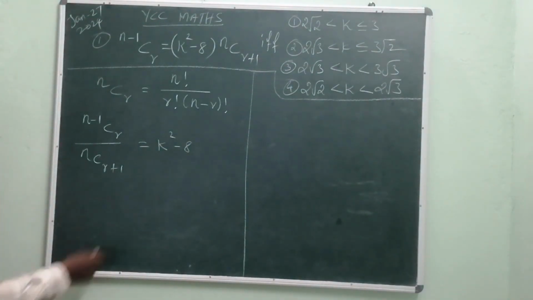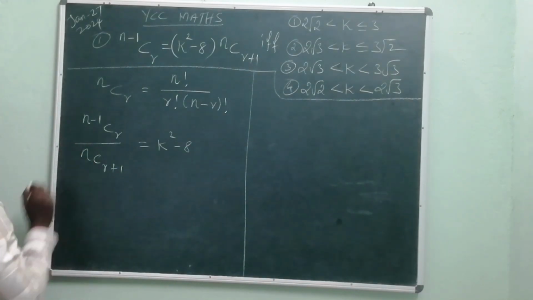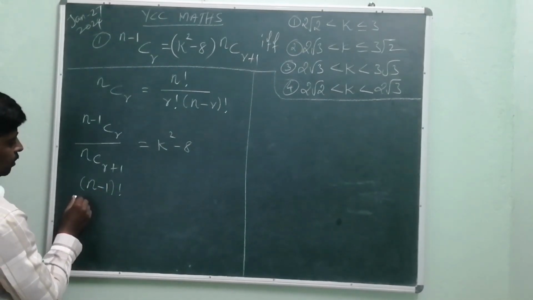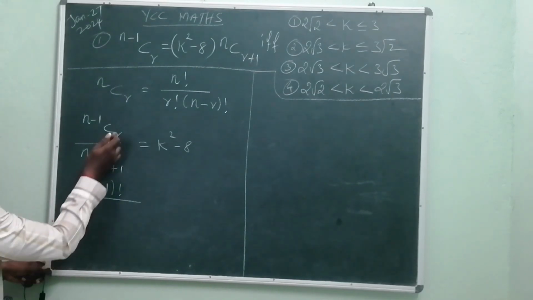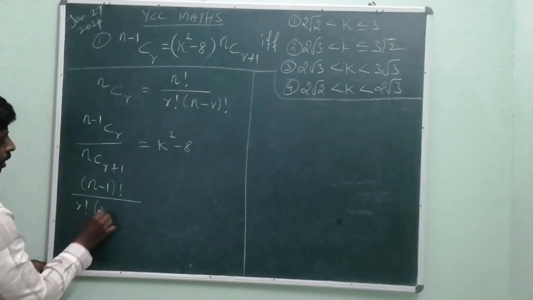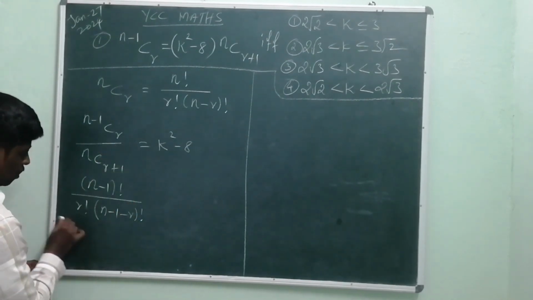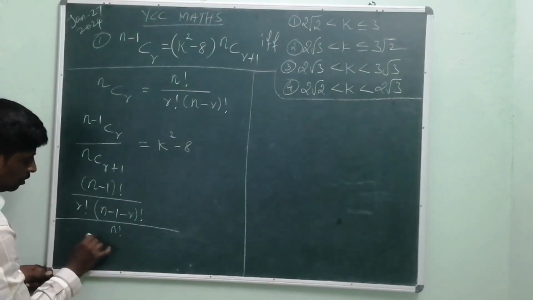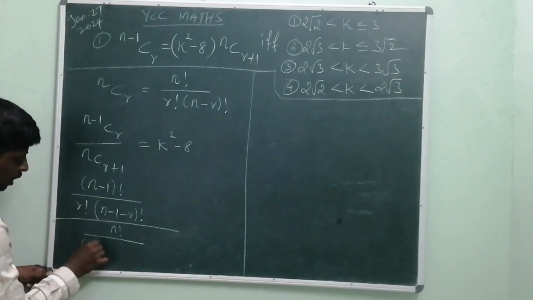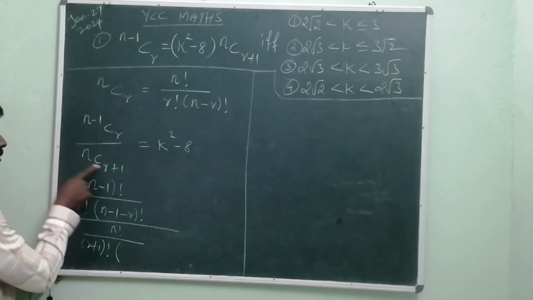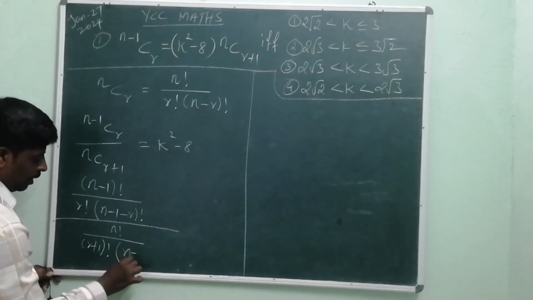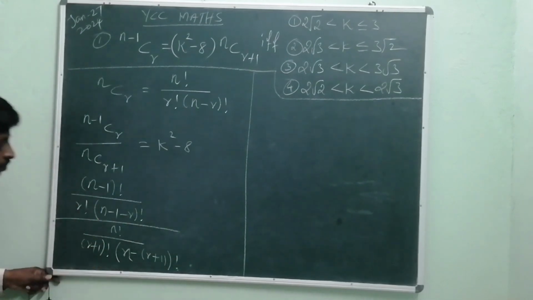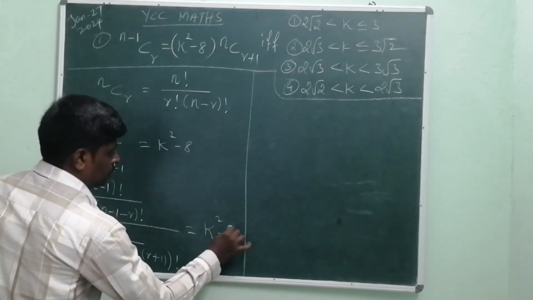Using the formula, the numerator is n minus 1 factorial divided by r factorial into n minus 1 minus r factorial, and the denominator is n factorial divided by r plus 1 factorial into n minus r minus 1 factorial, equal to k square minus 8.